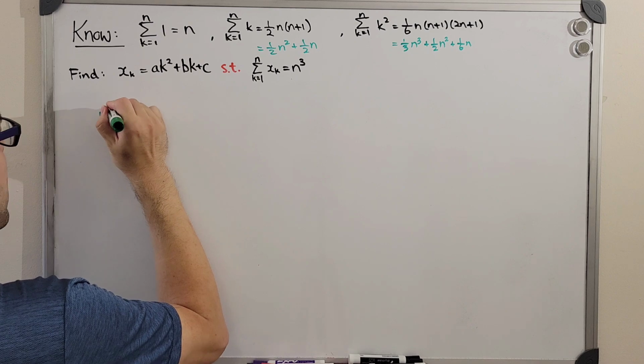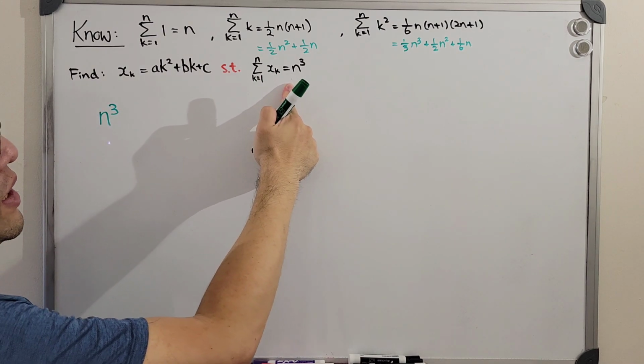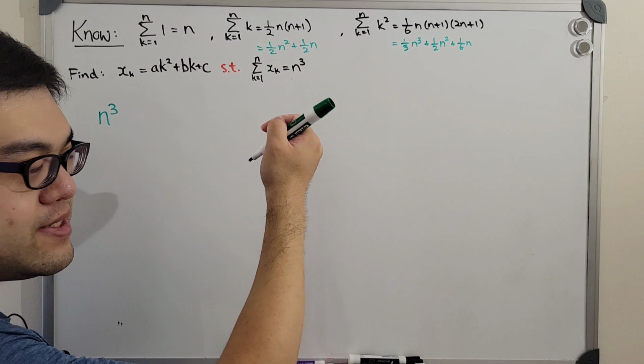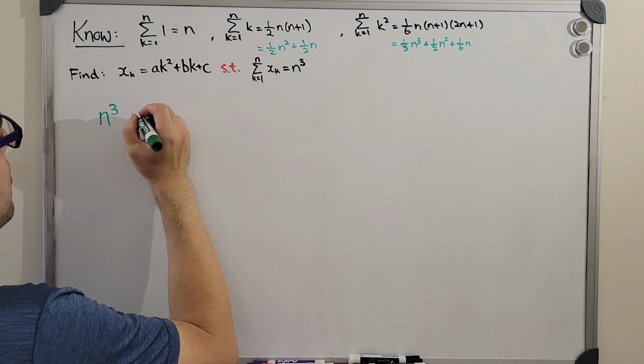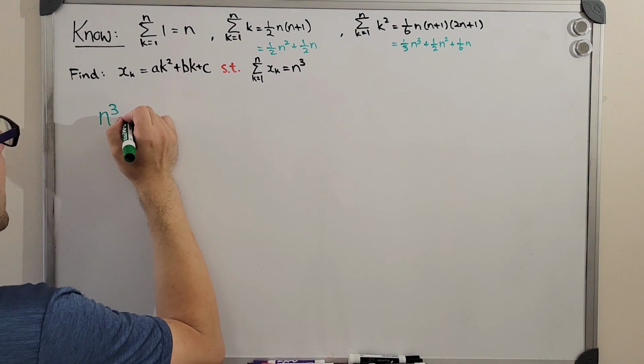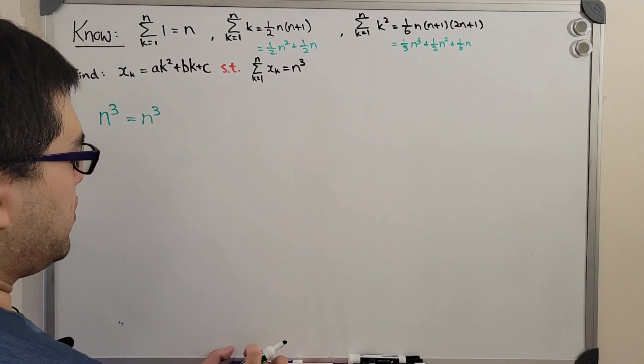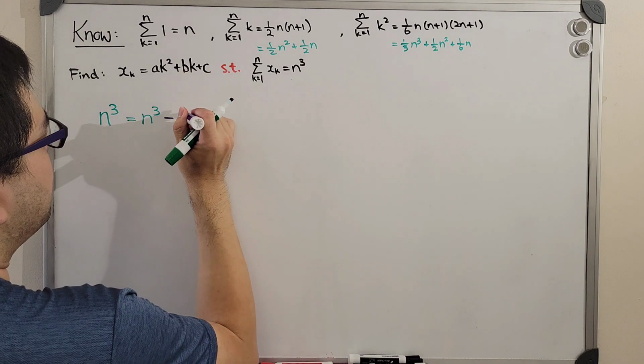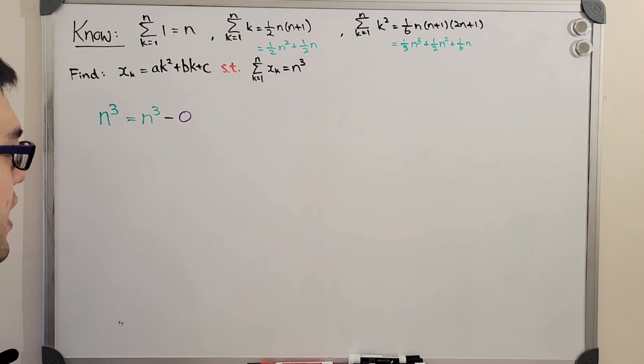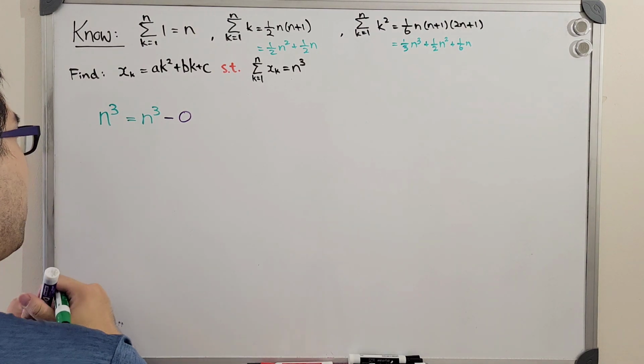We will start with n to the third power, which is the result that we want for the finite sum. And then we're going to rewrite it as n to the third power minus 0. And again, we know that anything minus 0 is just the term itself, and therefore we can always do plus or minus 0 however we want.